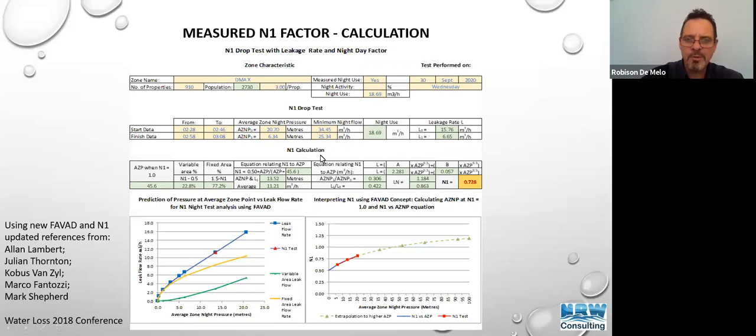I'm not going to go deep on the calculation, but using the FAVAD, the fixed leakage and the variable leakage, we get a value of 0.728 as the N1 factor. It's showing on the side here.